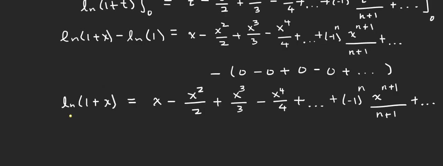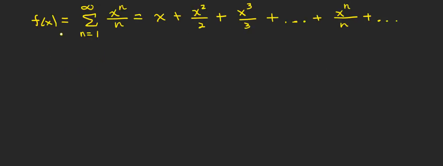So you end up getting natural log of quantity 1 plus x is x minus x squared over 2 plus x cubed over 3, and so forth. So this becomes the power series of natural log of quantity 1 plus x. Let's say you have f of x, which is the summation from n equals 1 to infinity of x to the power of n over n, which is equal to this power series right here.